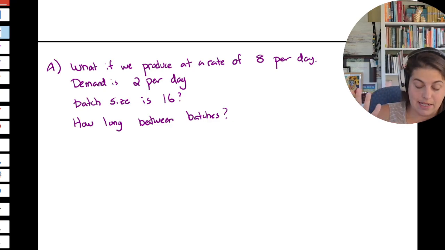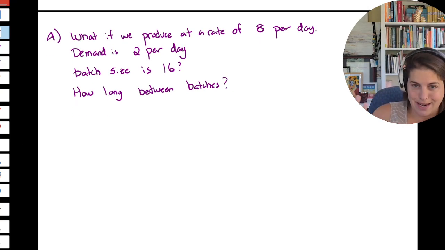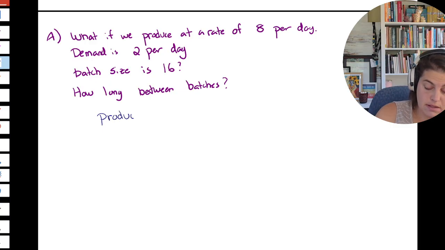This is just about testing our understanding, right? We know that if we're producing at 8 per day and the batch size is 16, this tells us that we are producing for 2 days.